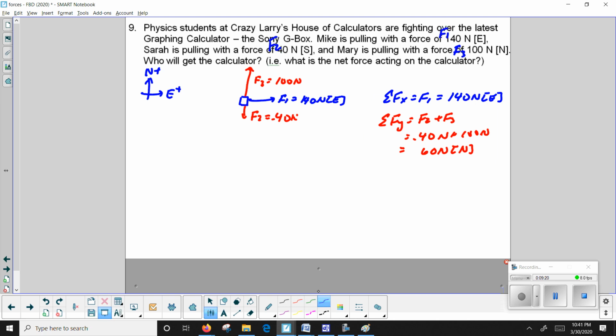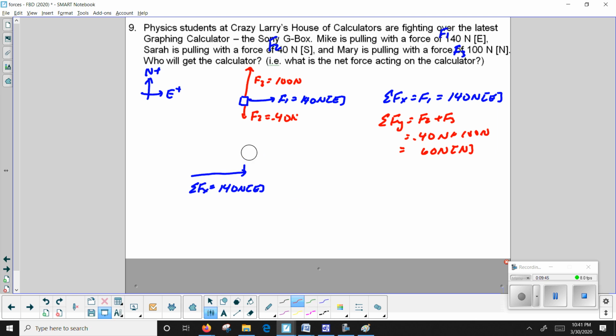So what we're going to do, now that we've got a total, is draw a new triangle. I'm going to start by drawing a triangle towards the east. Here we go. This is my, sorry, this isn't my F1. This is going to be my sum in the x: 140 newtons eastward, just like when we did our displacement vectors. Sorry about that.